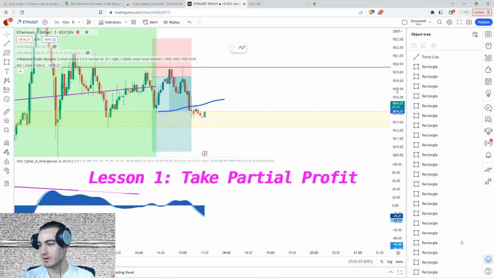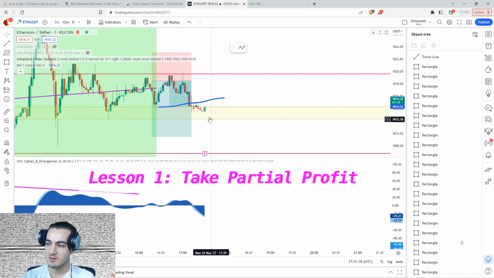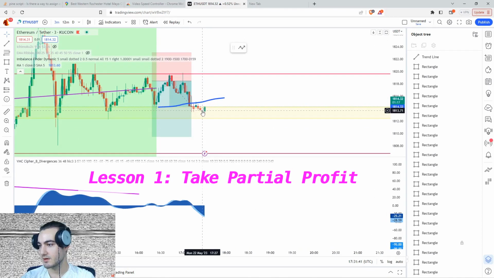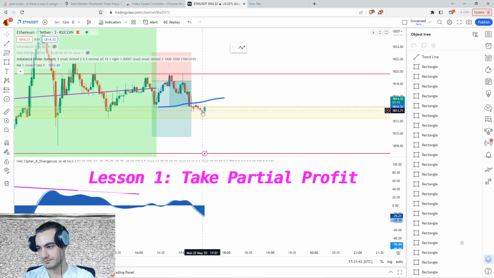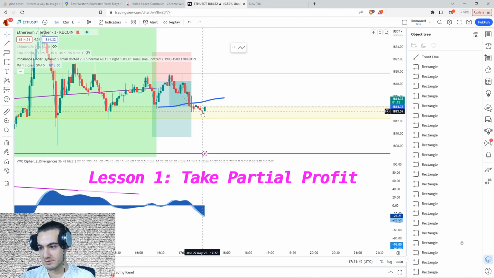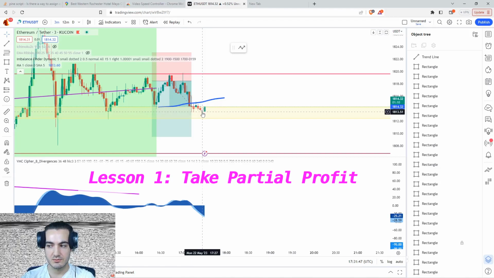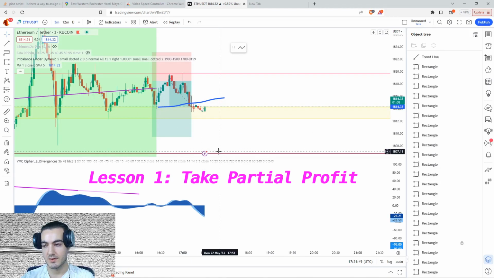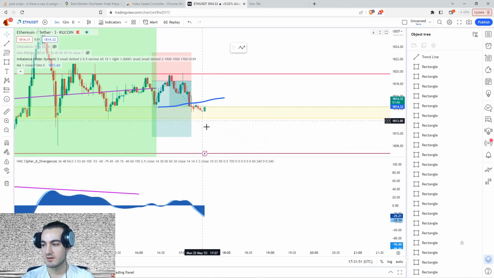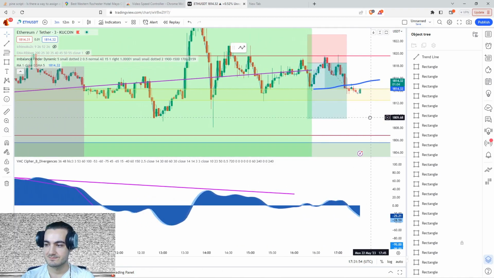Right now we are kind of at the equilibrium zone of the range. If we manage to make it through that, I see a very clear move down to the bottom of the range.